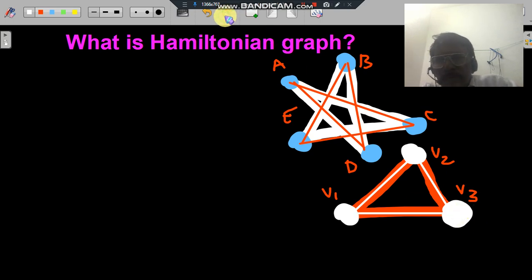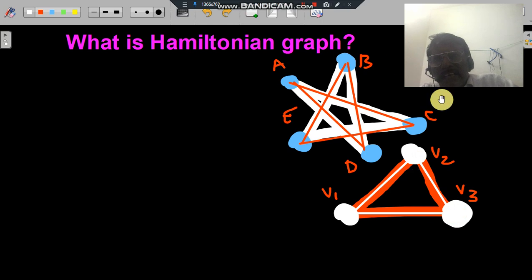Now V1 comes again, reaching where it starts. So it is a cycle starting from V1, then V2, then V3, and V1. Note the appearance of the vertices: V1 comes only one time in the cycle, V2 only one time, V3 one time.